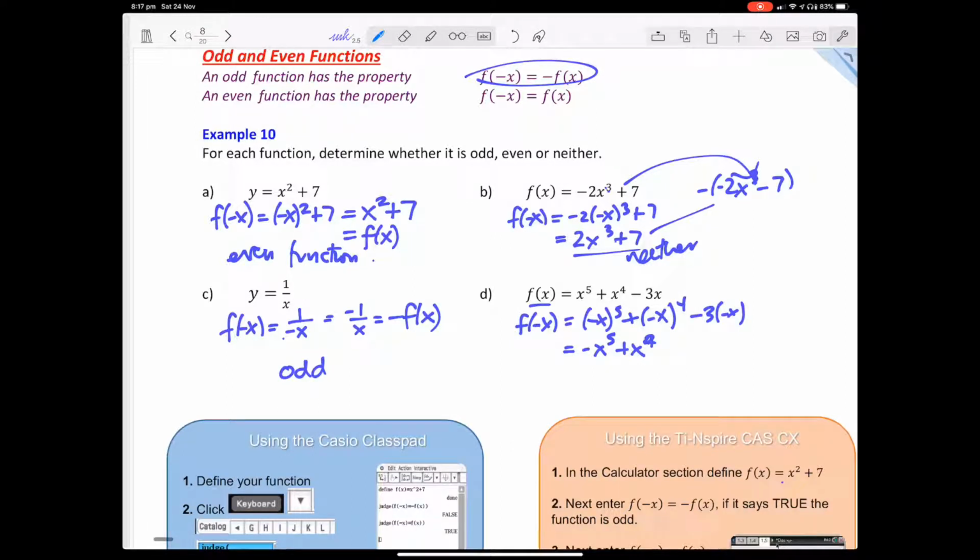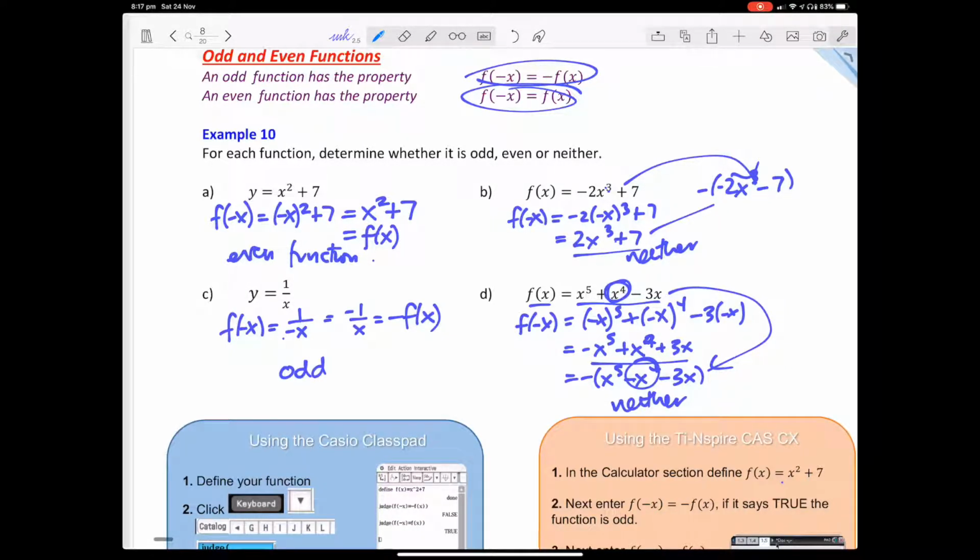And then the last one's going to be plus 3x. Okay, so they're not the same. If they were the same, then it would have been even. If I take out a negative, x to the 5 minus x to the 4 minus 3x, are they the same? No. The difference is here, I've got negative x to the 4 and here. So this one here is neither.